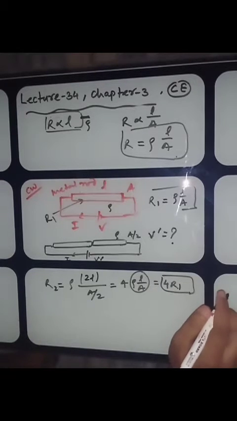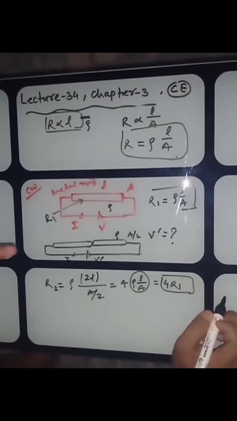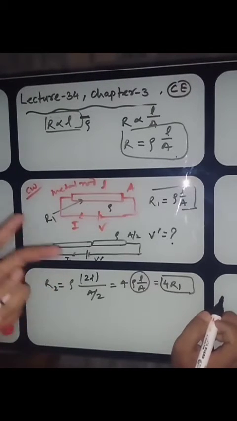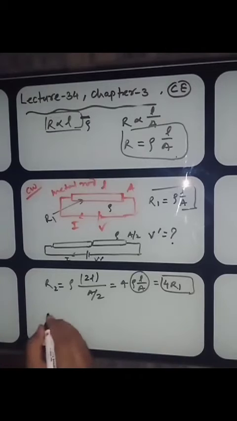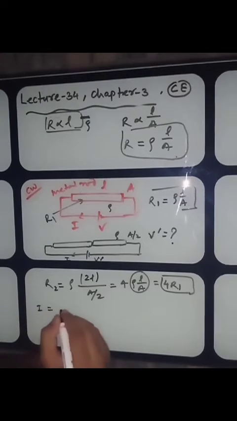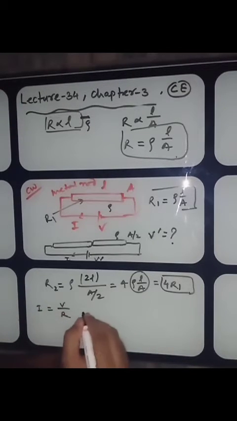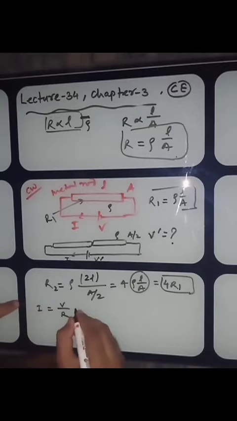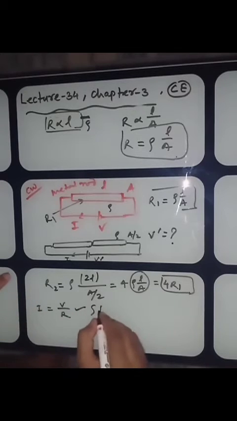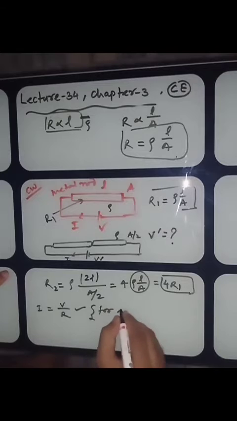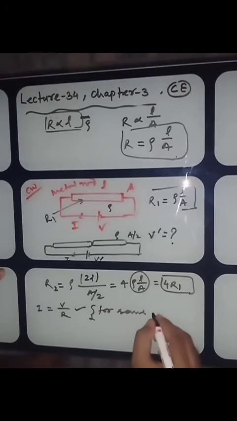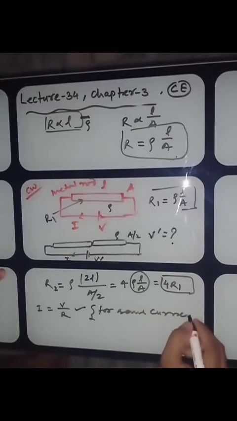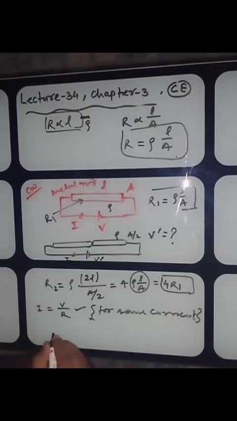Now for the same current, the condition of the question was to maintain the same current. As we know that I equals V by R. Okay, for both the conductors we can apply this. For the same current, what will happen here?